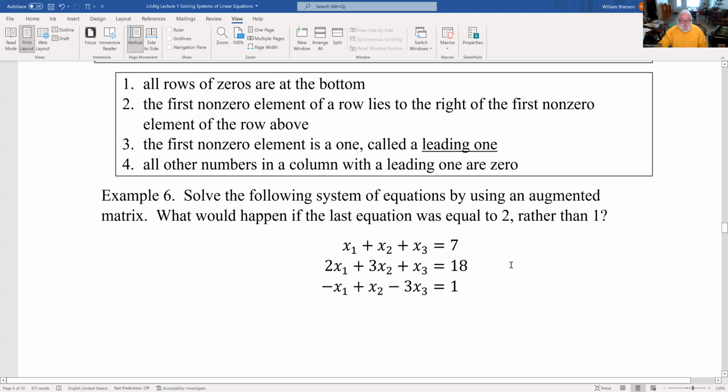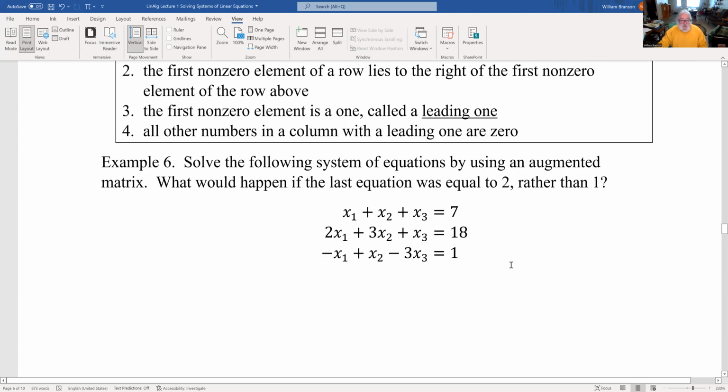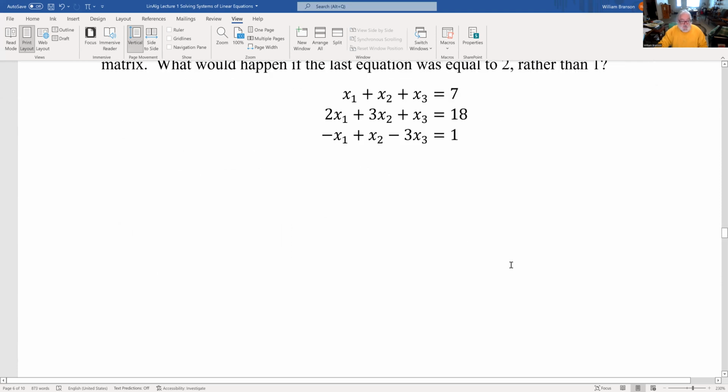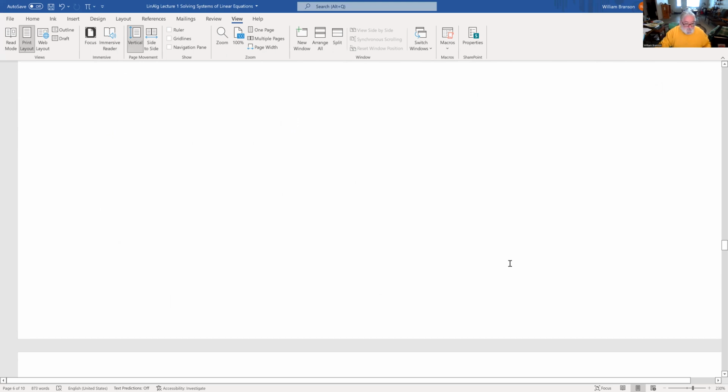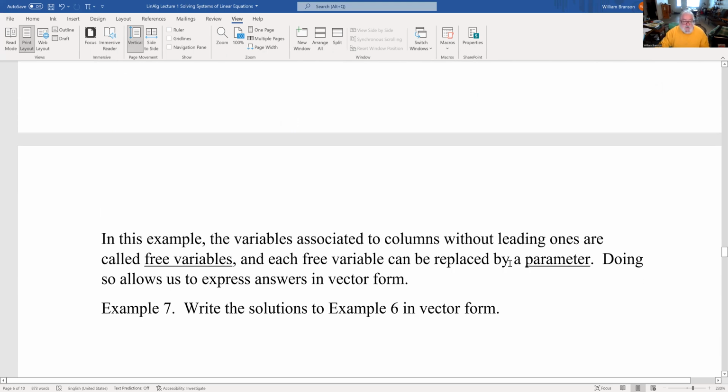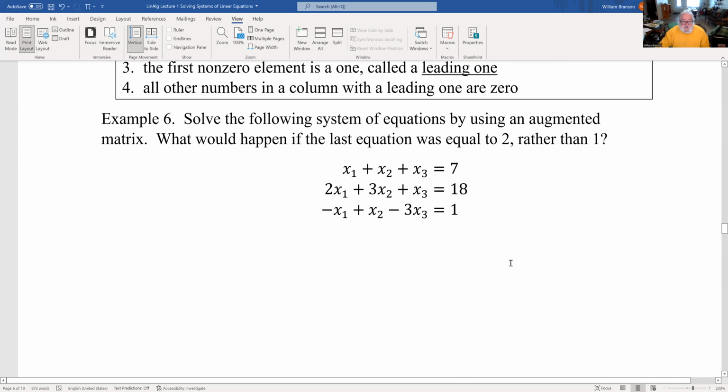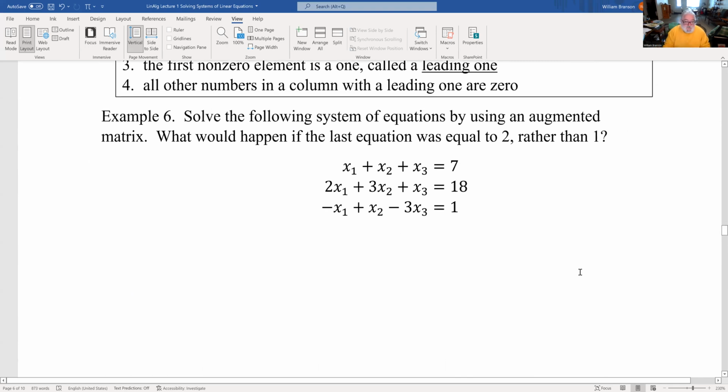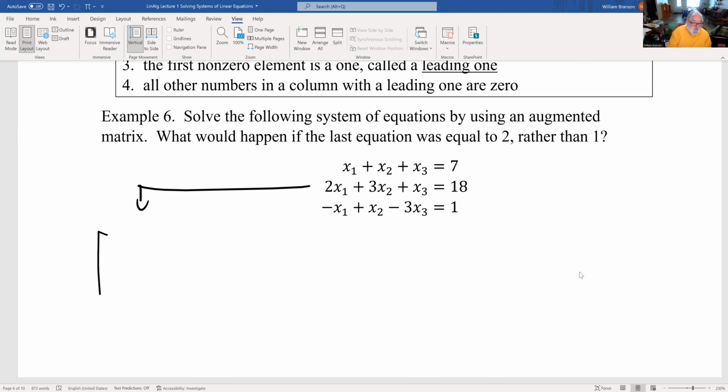So here's another example. We can solve this by using an augmented matrix and getting it down into reduced row echelon form, I believe is what we want to do. So let's set up, first things first, convert to an augmented matrix. 1, 1, 1, 7, 2, 3, 1, 18, minus 1, 1, minus 3, 1.